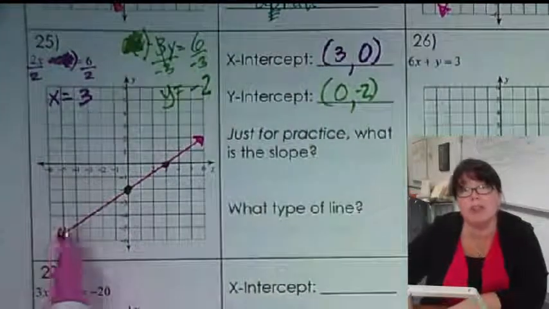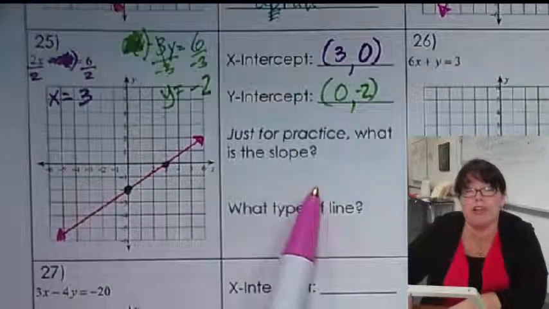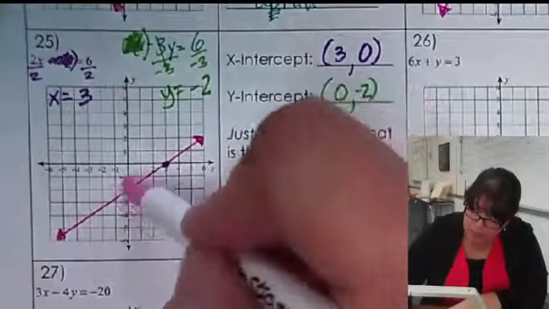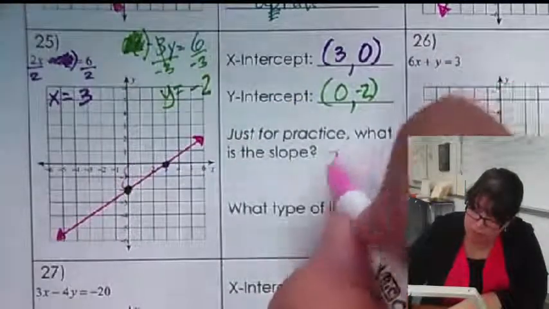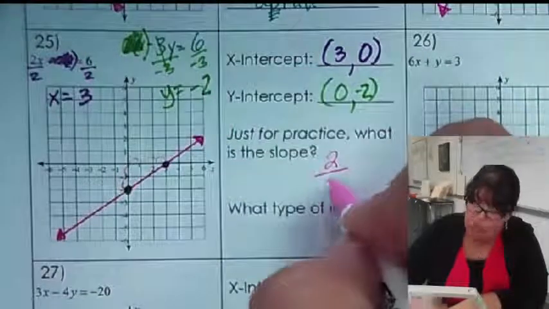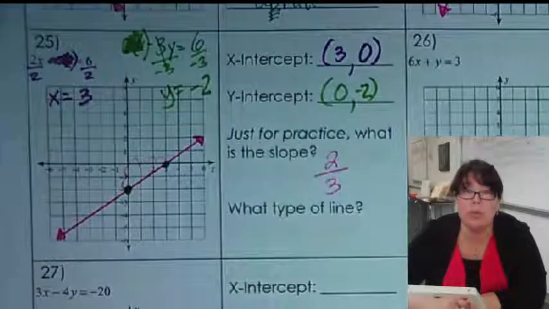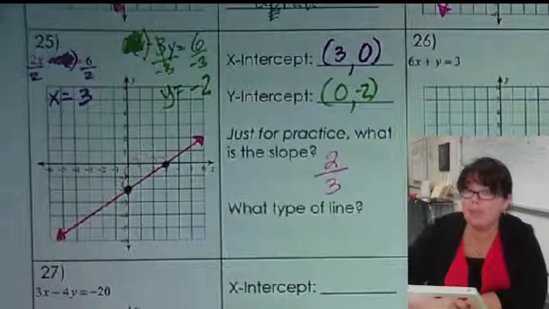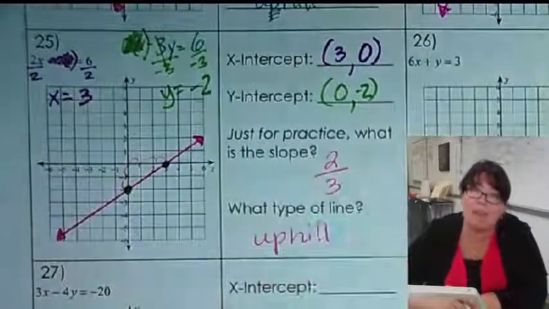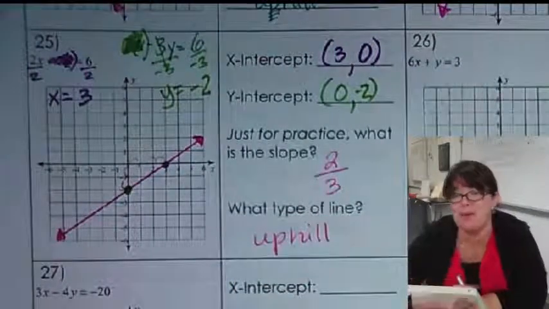Remember to always go left to right, and we're going to rise first. So from this point, we have to go up 2, and then our run is going to be 1, 2, 3, over 3. Positive 2 over 3. Positive means it's an uphill line, and my graph confirms that, so I know I'm good to go.